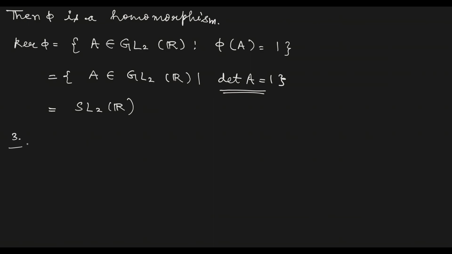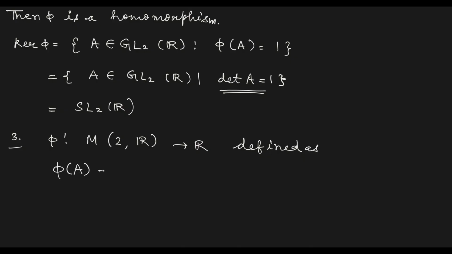Third, phi is a mapping from M2, R to R, which is defined as phi(A) is equal to trace of A for all A belongs to 2 cross 2 real matrices. Then phi is a homomorphism.